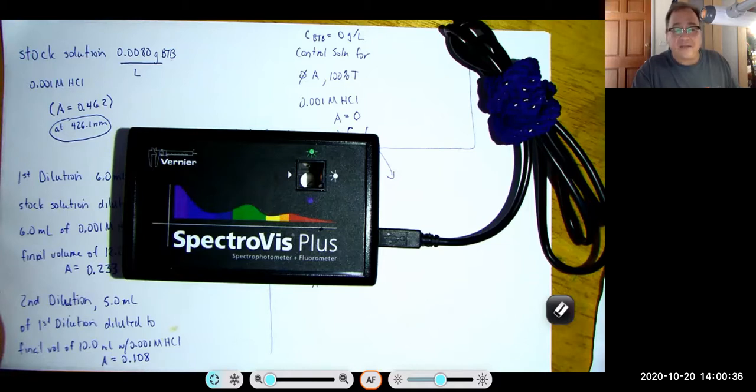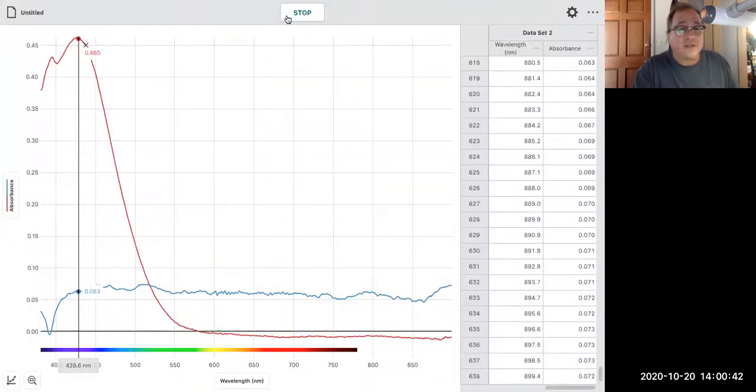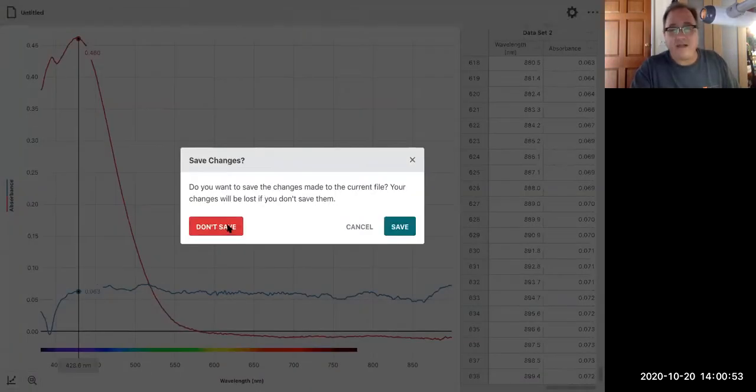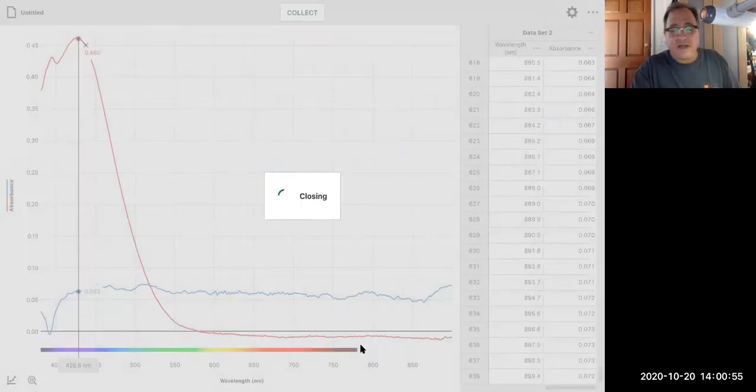At any rate, I've got to do a new share so that you can see what I'm looking at. So what I'm going to do here is I'm going to stop this real quick. And I'm going to see if I can close this. Don't save. I've got to find a way to open up a new file without closing the application.